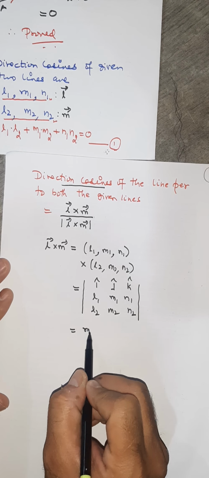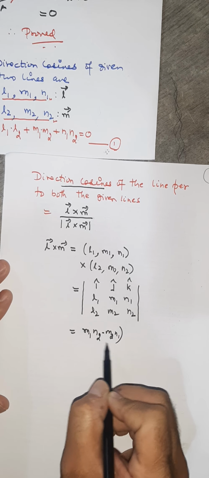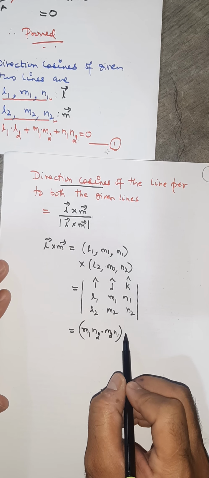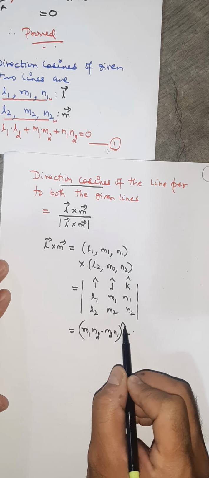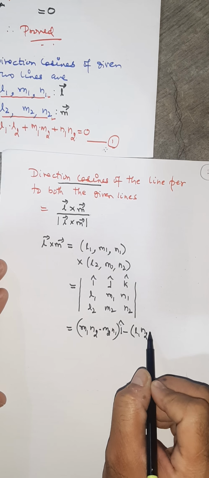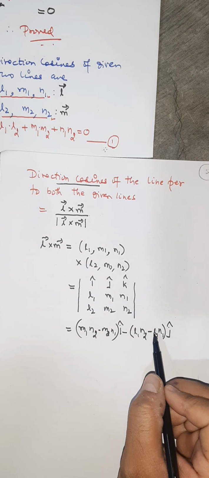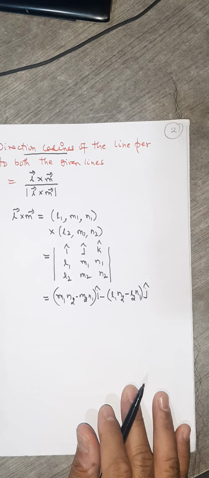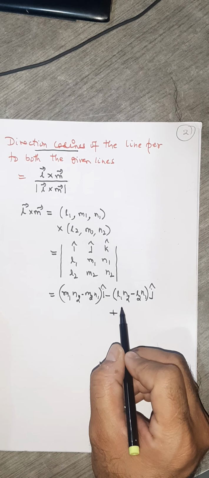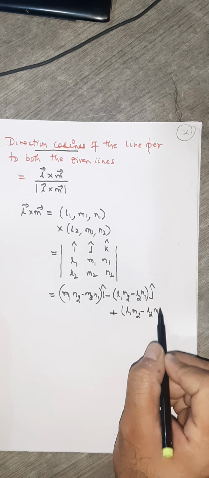Now here (M1 N2 minus M2 N1), this into this minus this into this, into i cap, minus (L1 N2 minus L2 N1) into j cap, plus (L1 M2 minus L2 M1) into k cap.